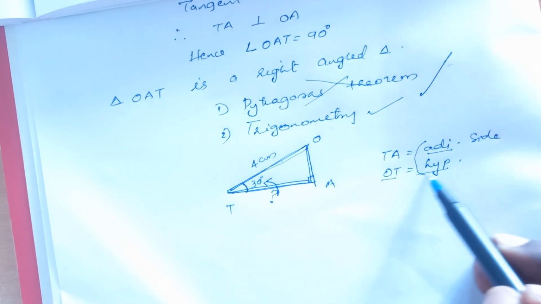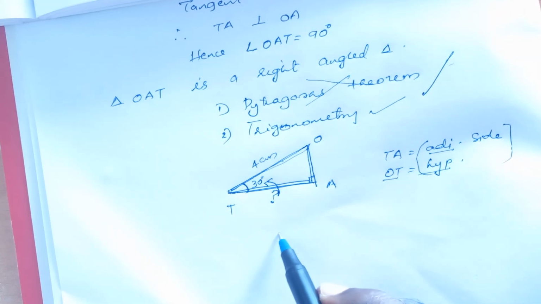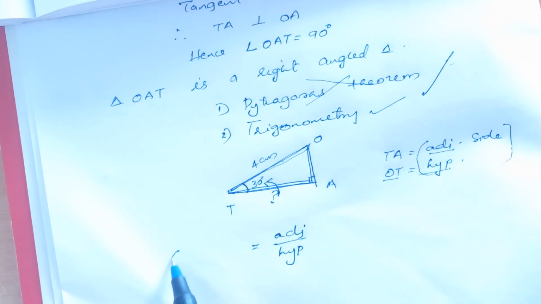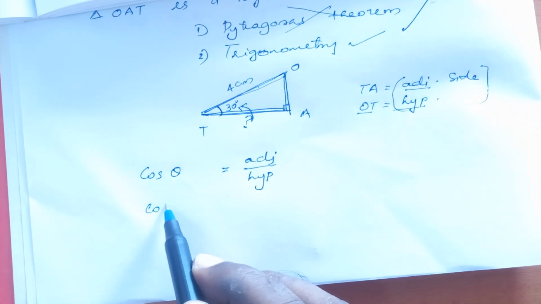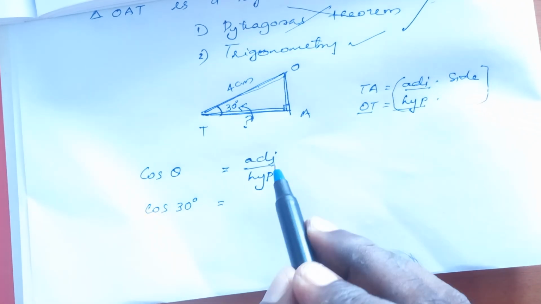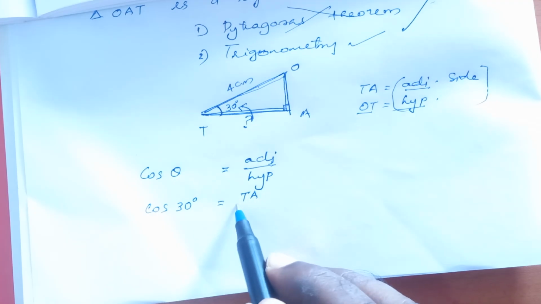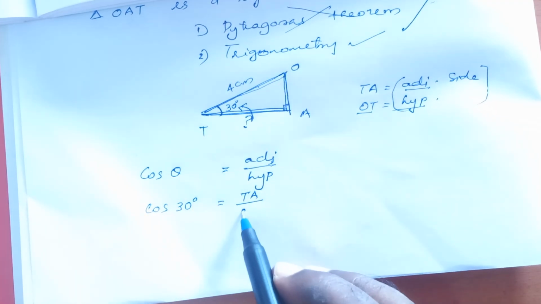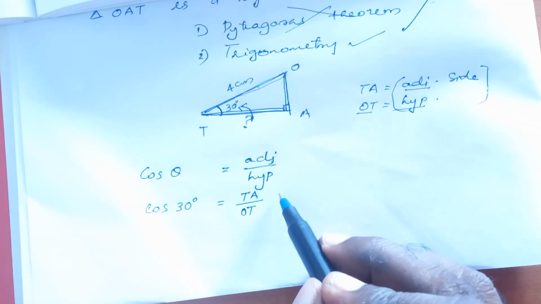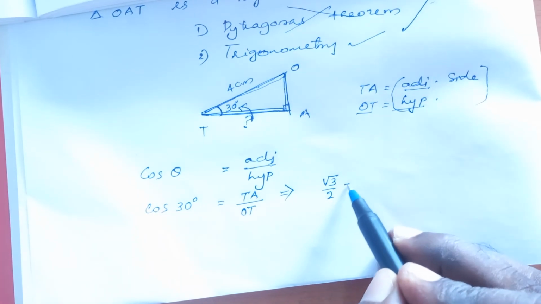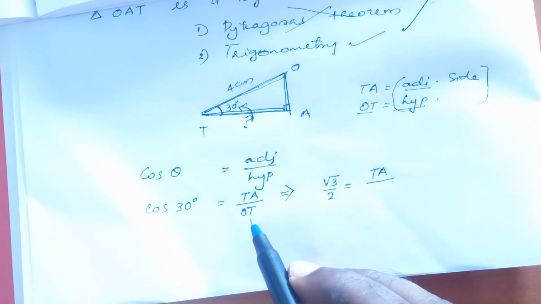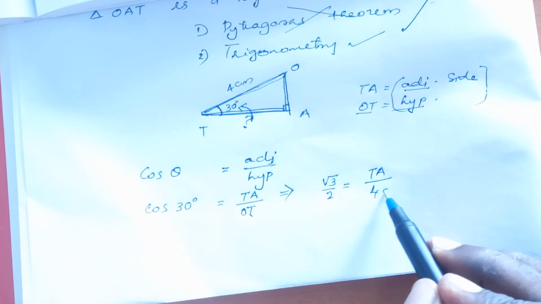So we need to frame a ratio with adjacent side and hypotenuse, which is adjacent side by hypotenuse, which is cosine theta. Here when you apply, we get cos 30 degrees equal to adjacent side TA by hypotenuse OT, which is root 3 by 2, equal to TA by OT, which is given as 4 centimeter.